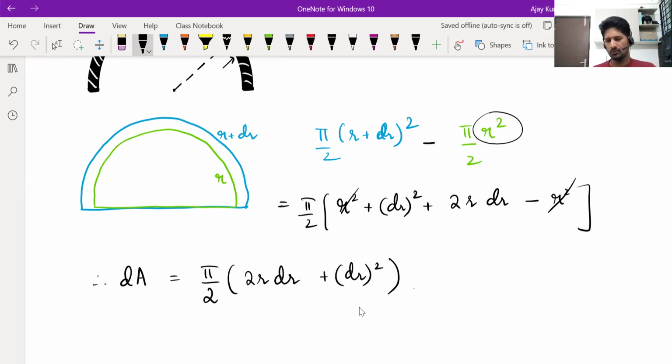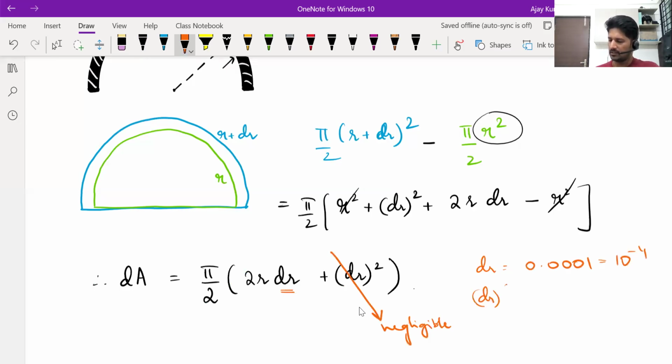Now, those of you who learned calculus from me, or those of you who are in touch with calculus, will be aware that dr is a very small term. How small you can't even tell. When dr is present, dr square will be even smaller, negligible. Suppose you take dr like 0.0001, that is 10 power minus 4.